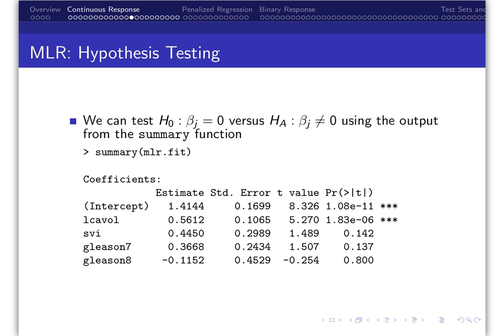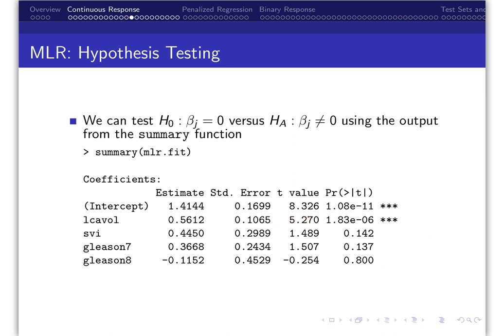Note the slope for log cancer volume is estimated to be 0.5612, and its standard error is estimated to be 0.1065. Dividing the estimate by its standard error yields this test statistic, which is 5.27.